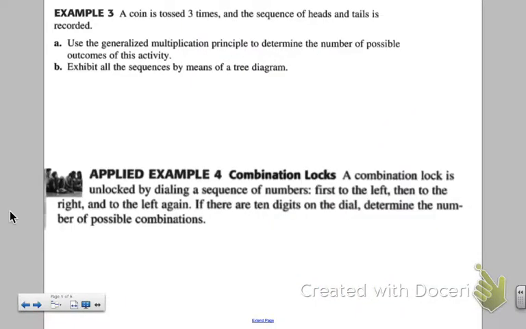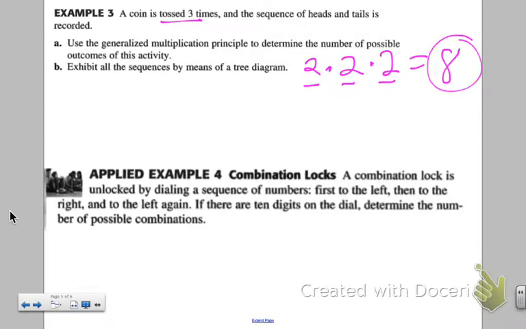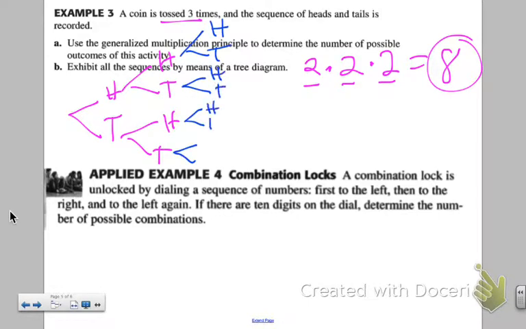Alright, last couple quick examples. So there's 3 coin tosses, that's 3 actions, and you get heads or tails. So for each toss, first, second, third action, there's 2 options, and it doesn't matter what you get on the previous action, there's always 2 options. So 2 times 2 times 2 would give you 8 possibilities, or 8 different outcomes. If you're using a tree diagram, you get heads or tails for the first, and then heads or tails for the second, heads or tails for the third option.